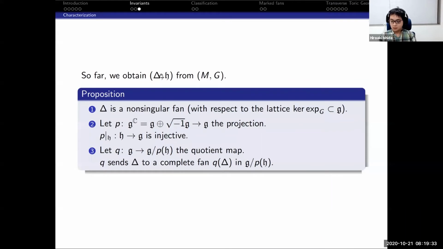So the pair of fan and vector subspace. So far we deduce the pair of fan and vector subspace in complexified Lie algebra from manifolds with maximal torus actions, and this pair is controlled by this proposition.